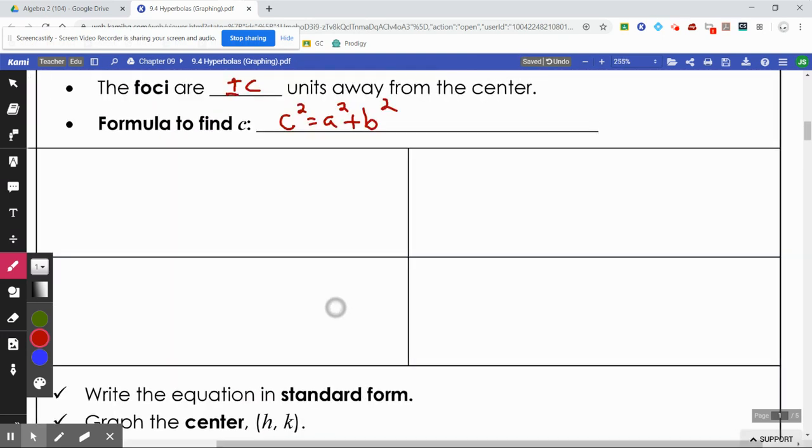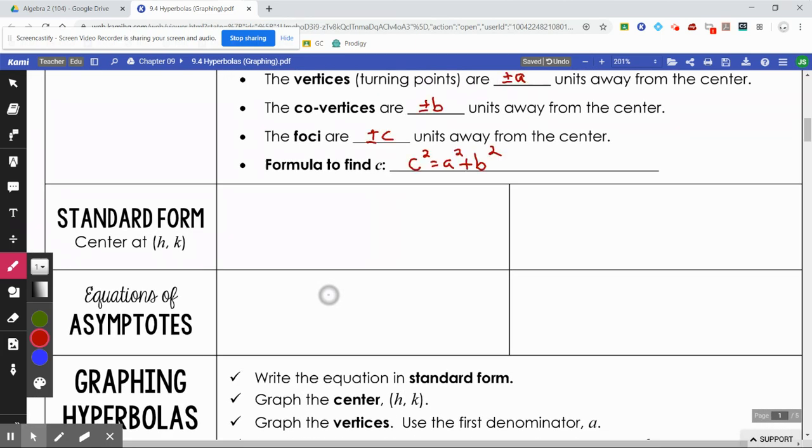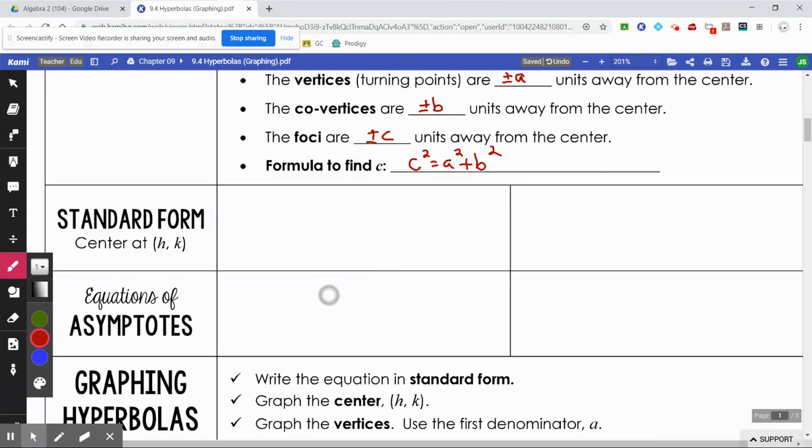Okay, now the actual formulas. The standard form for a hyperbola is a little bit different, and we're going to go straight to the centered at (h, k) form. You have x minus h squared over a squared, and y minus k squared over b squared, very similar to the ellipse.